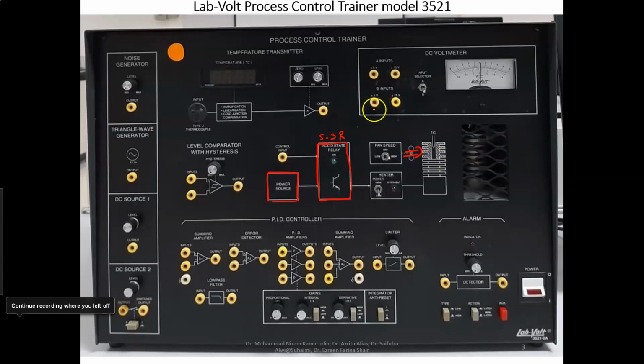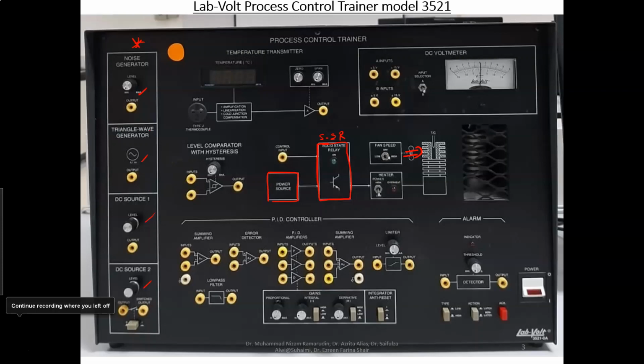And at the left hand side, we have a column of multifarious supply generators. We have a noise generator, a triangle wave generator. This is source 1 and this is source 2 supply.